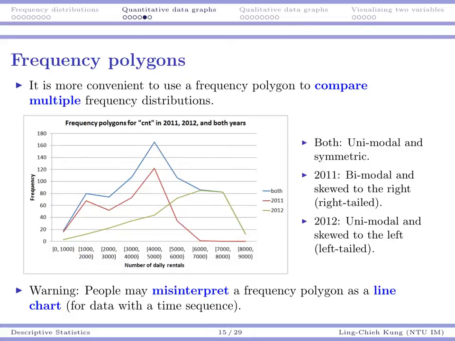Okay, there's only one peak at the center of this distribution. On the other hand, in 2011, we say it is a bimodal distribution because basically you have two peaks here. For the 2012 data set, it's obviously a unimodal distribution because there is only one peak.